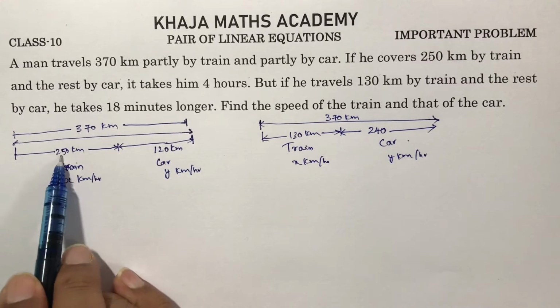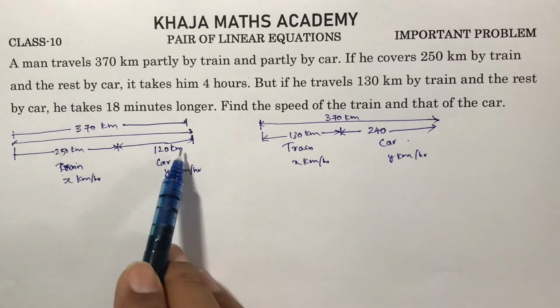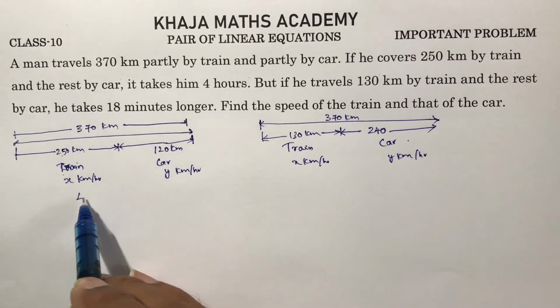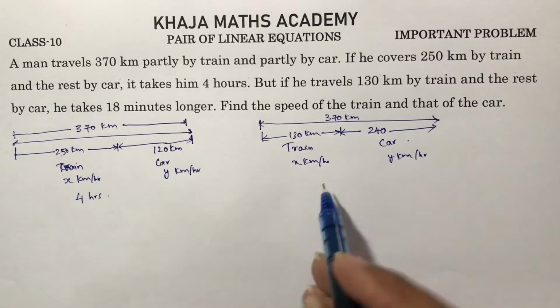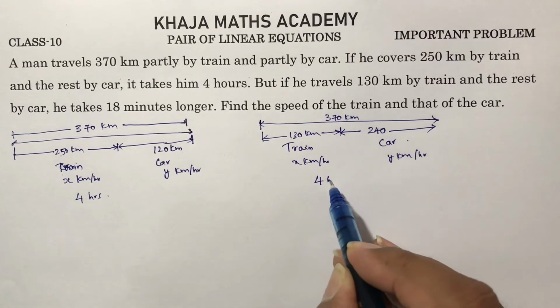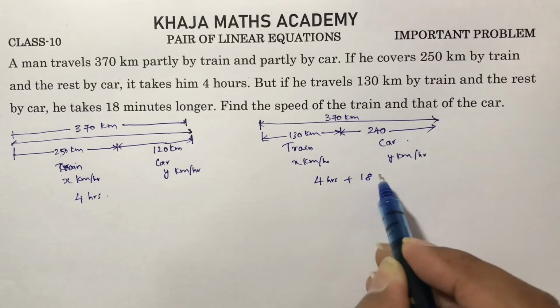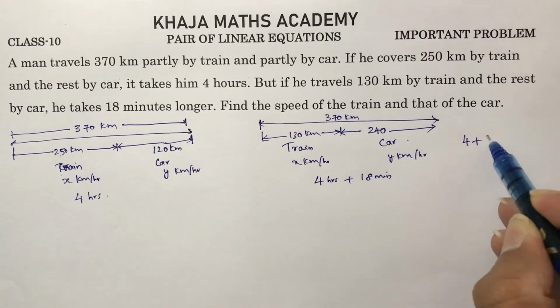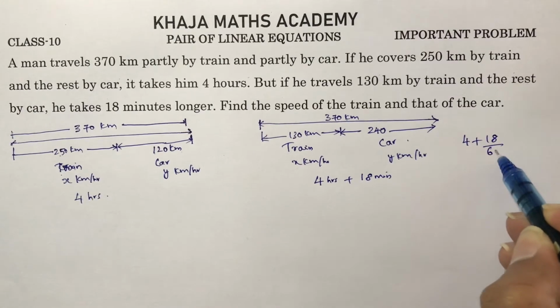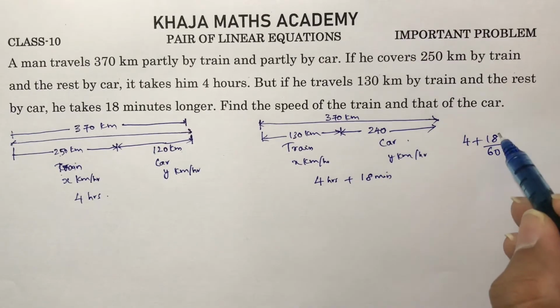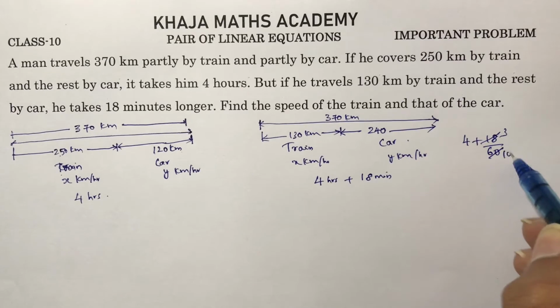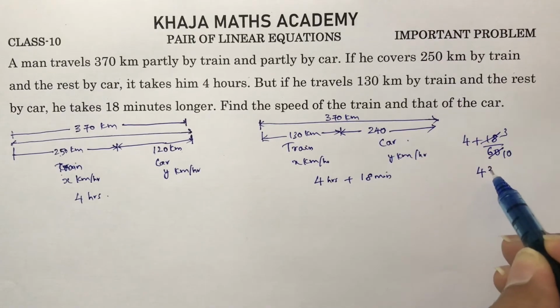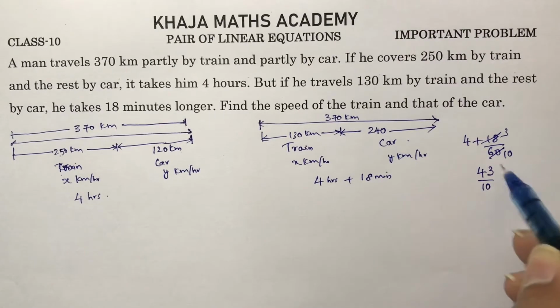If you travel 250 kilometers by train, 120 kilometers by car, it took 4 hours. Here it took 4 hours plus 18 minutes. So if you convert 4 plus 18 minutes into hours, 18 by 60 is 3 by 10. So it will be 43 by 10 hours.